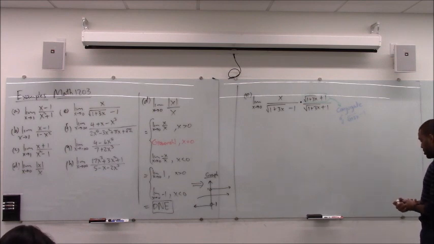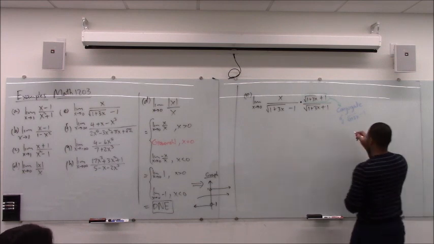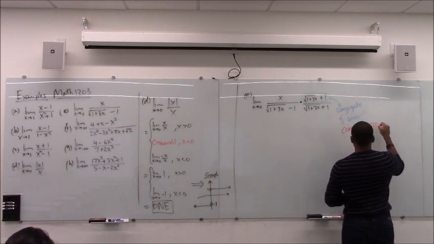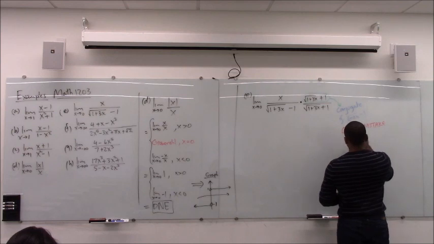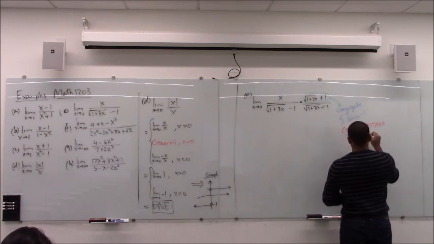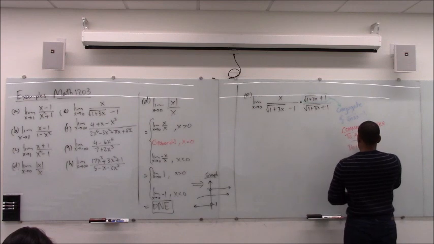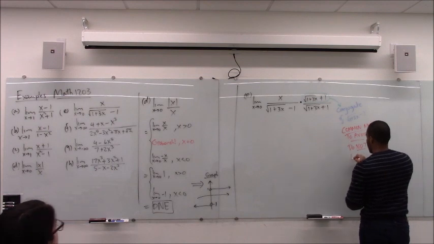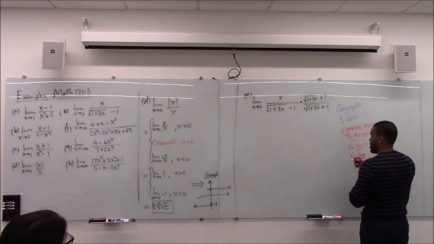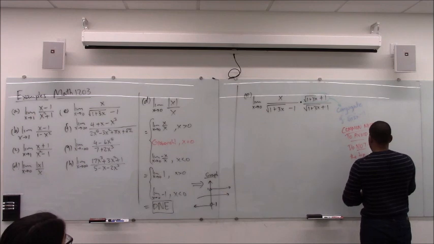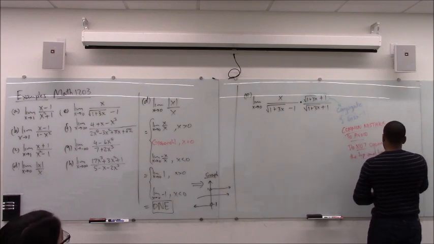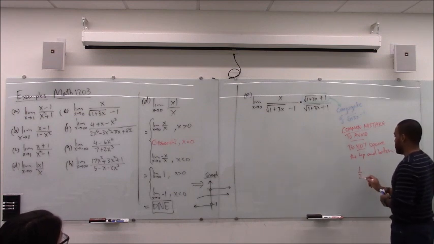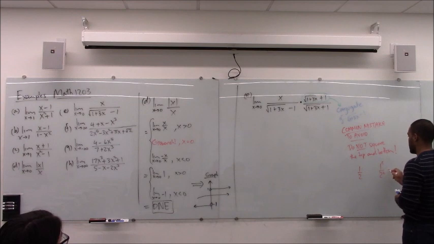What I don't want you to do, common mistake: do not square the top and the bottom. I see students do that all the time. They see a radical, oh, let's just square it. You can't just square that. If I have a half and I square the top and the bottom, it becomes a quarter.